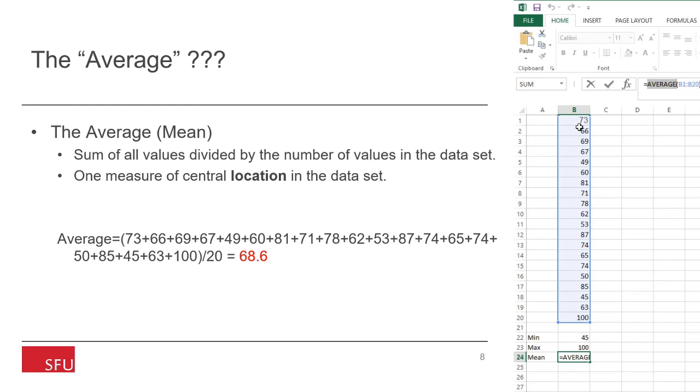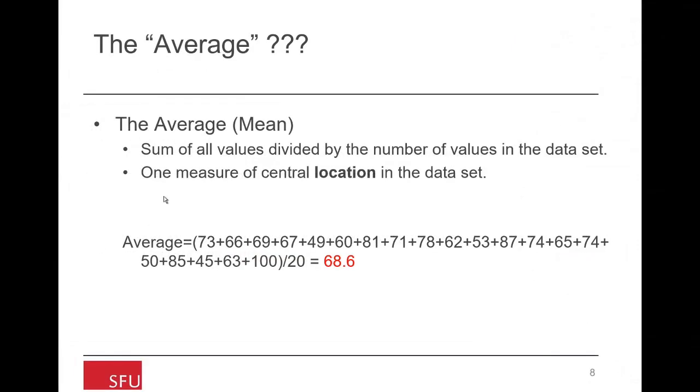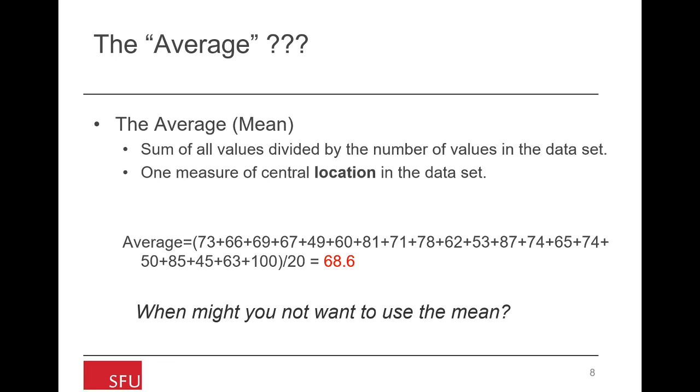The argument to that function call is once again the range of values, and it is computed for us: the value 68.6. So what the average does for you is it gives a good sense of what the central value is.